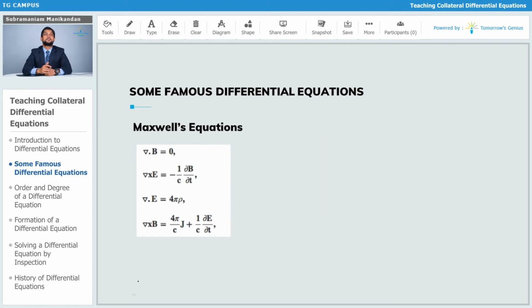Another set of differential equations which are very famous and which help us live a much easier life compared to someone 400 years ago, are Maxwell's equations. Maxwell's equations of electromagnetism are the foundation of everything that we know in the topic of electricity. So right from the power that you get in your homes to the power that runs the trains and the planes, different appliances.